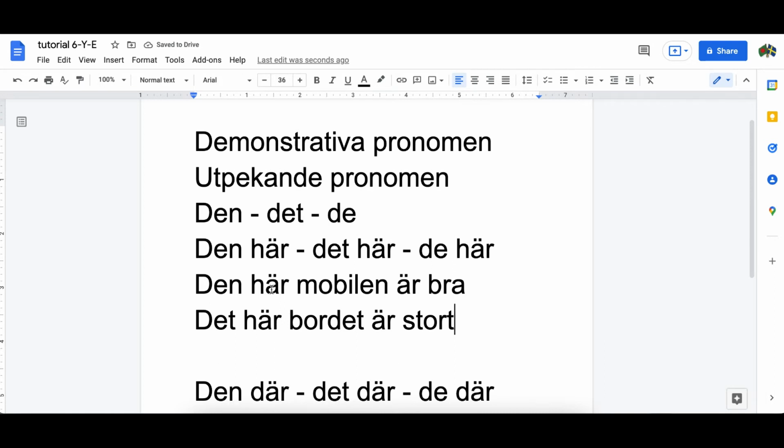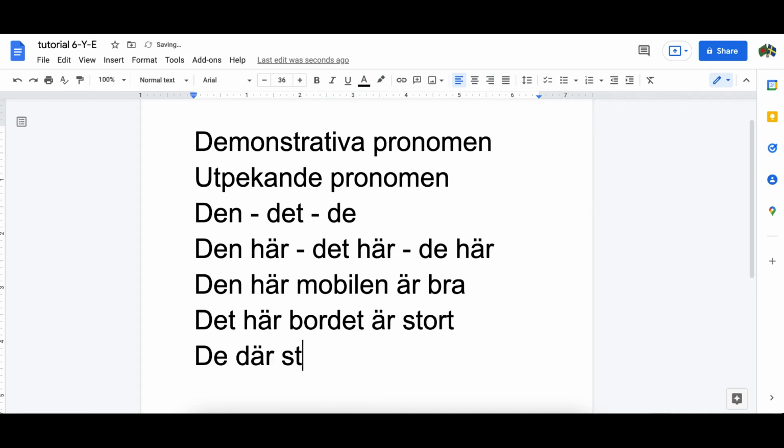So here we are saying the mobile and the table are near to us, but when it's mobile then we use den, but when it's bordet, table, then we use det. Om vi använder de, then it must be plural, so we can say de här stolarna är bra. These chairs are good, so you can buy them. Så den här mobilen är bra. Det här bordet är stort. De där stolarna är bra.